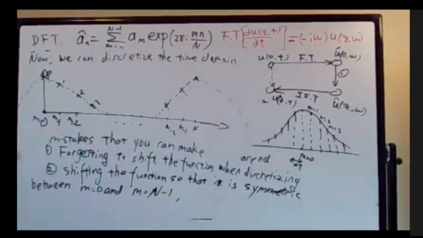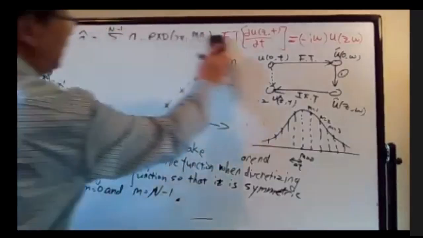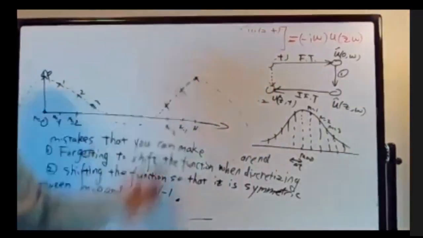So when you shift, pay attention that the maximum number is at M equal to 0, right? So the point M equal to 0, let me write here. I don't have a space.